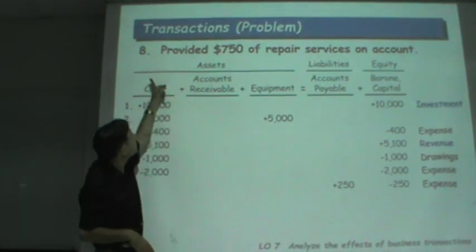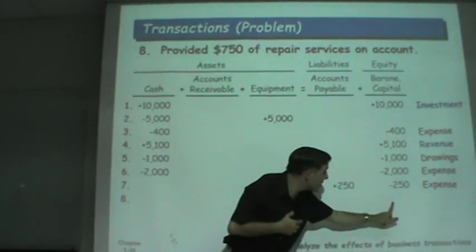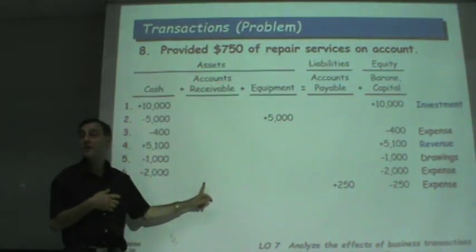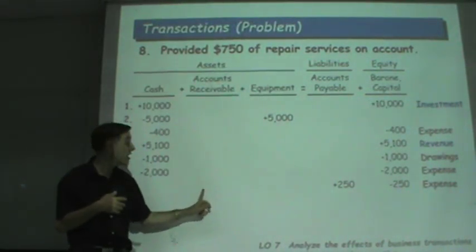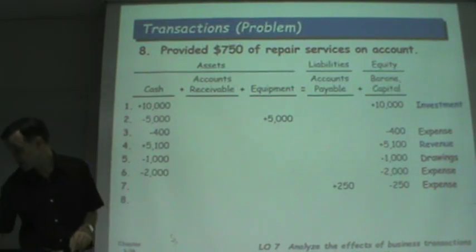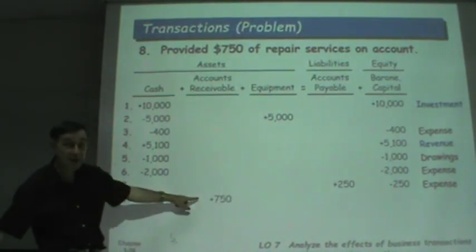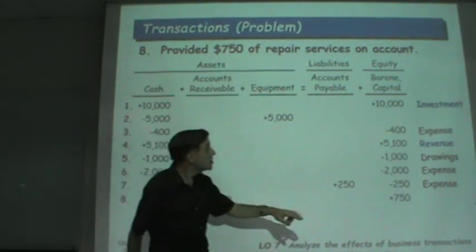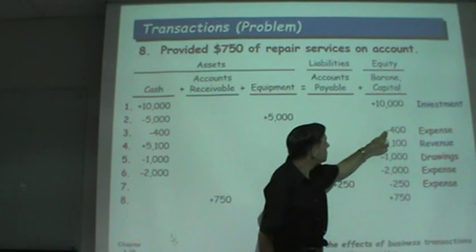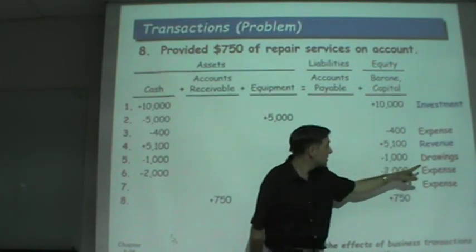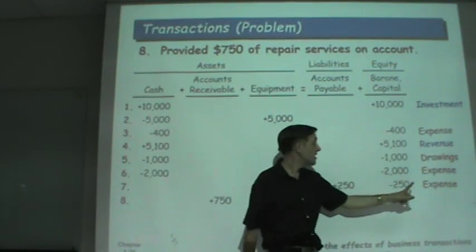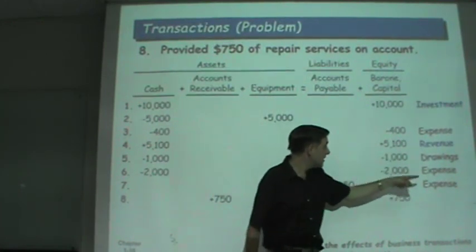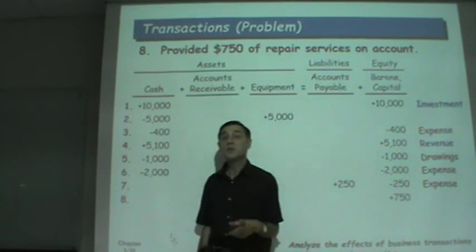This is provided service. This one goes up 750 and this one goes up 750. Okay? Plus 750, plus 750. And you see now how expense minus, expense minus, revenue plus sign.